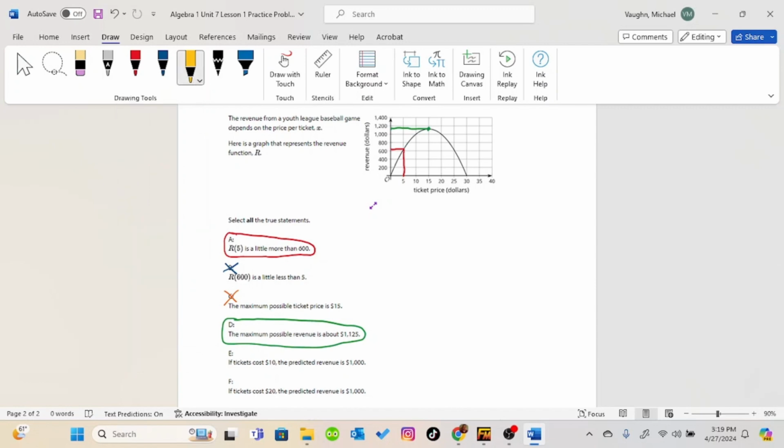Choice E. If tickets cost $10, the predicted revenue is about $1,000. So we go to ticket price of 10, we go up until we hit the line, and we look left, and it is $1,000. So E is also correct.